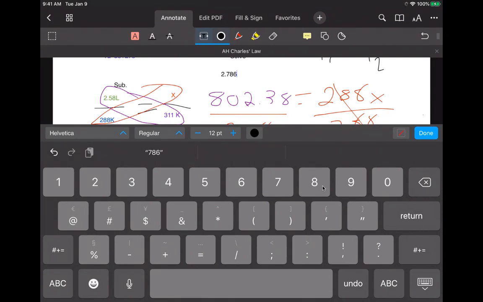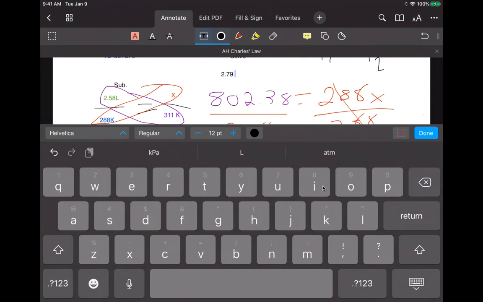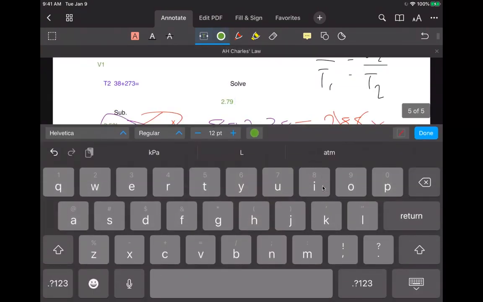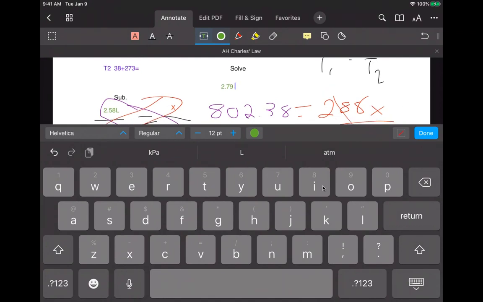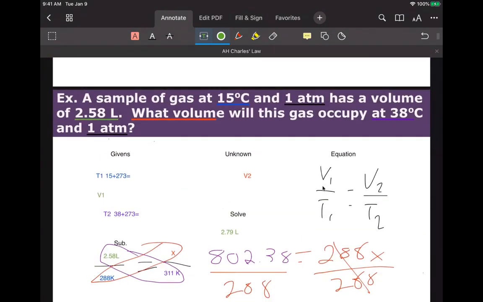The 6 does round that 8 up. So that's 2.79. And then we're looking for our V2. If we look back here, our original unit for volume was liters, so we're just going to go ahead and put liters there.